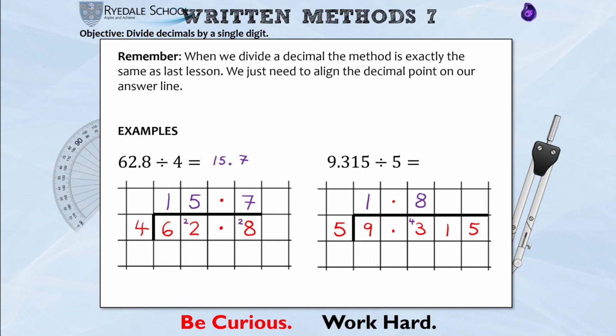That is 8 with 3 left over. How many 5s in 31? That is 6, remainder 1. How many 5s are in 15? 5, 10, 15, that is 3. So the answer to this question is 1.863.